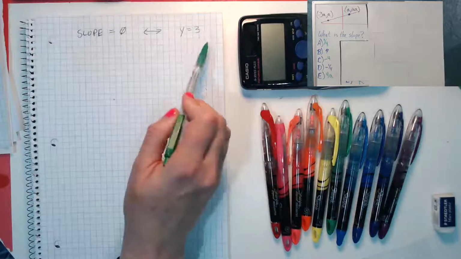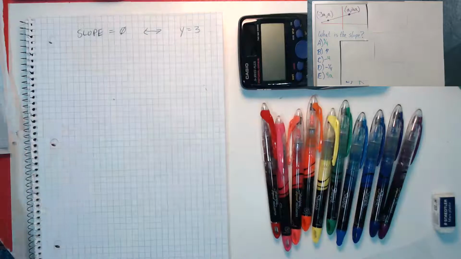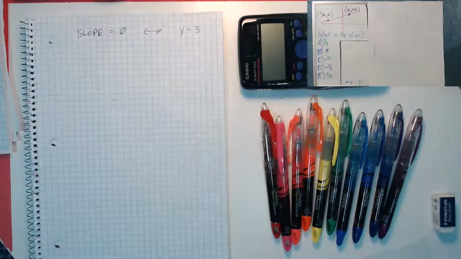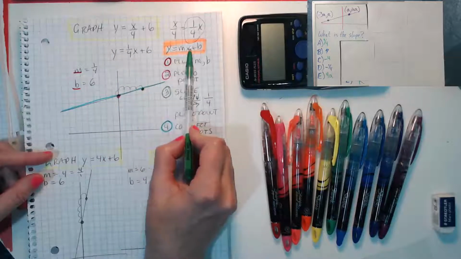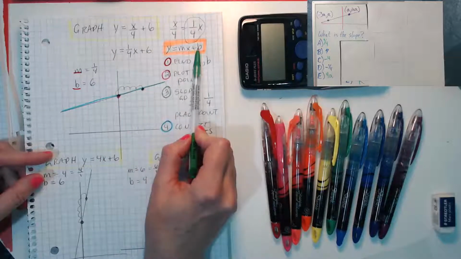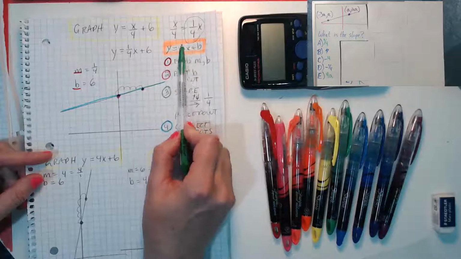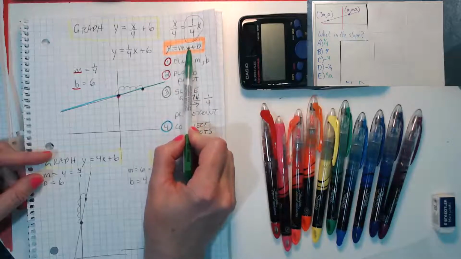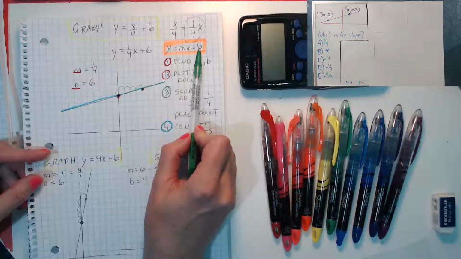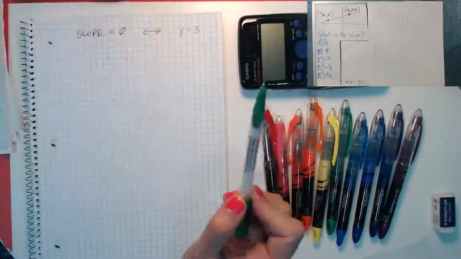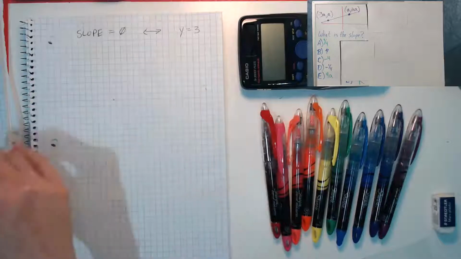We don't have the whole formula, we don't have y equals mx plus b, we just have y equals b. We're not going to have any kind of slope because it's 0. If m is 0, all we're left with is y equals the y-intercept. That's why that is.